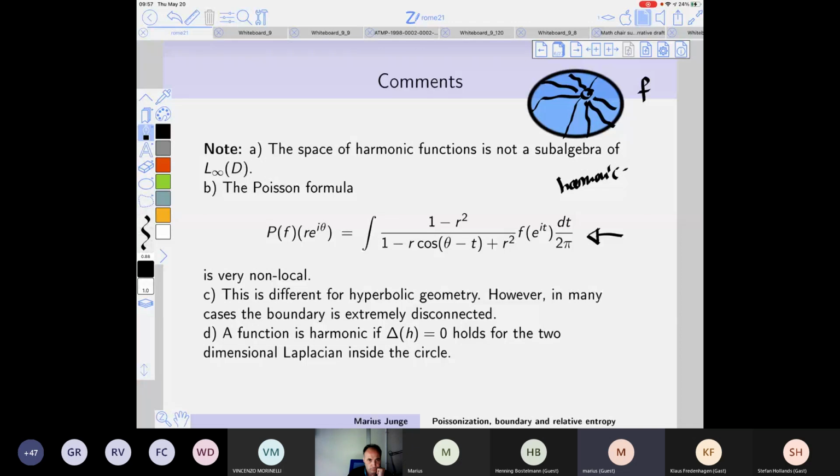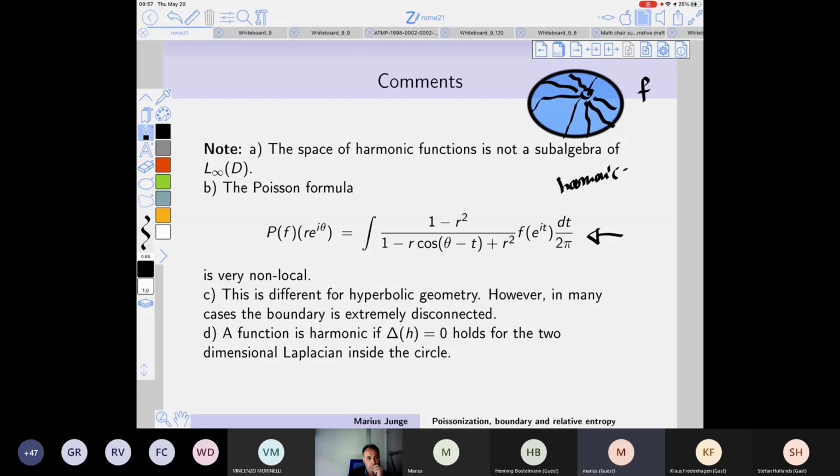If you're close to the boundary, still all the other parts of the boundary have a significant impact on the function, not a tremendous impact, but some. So this formula really requires knowledge of the whole function on the boundary. That's just a comment. In hyperbolic geometry this would be different.